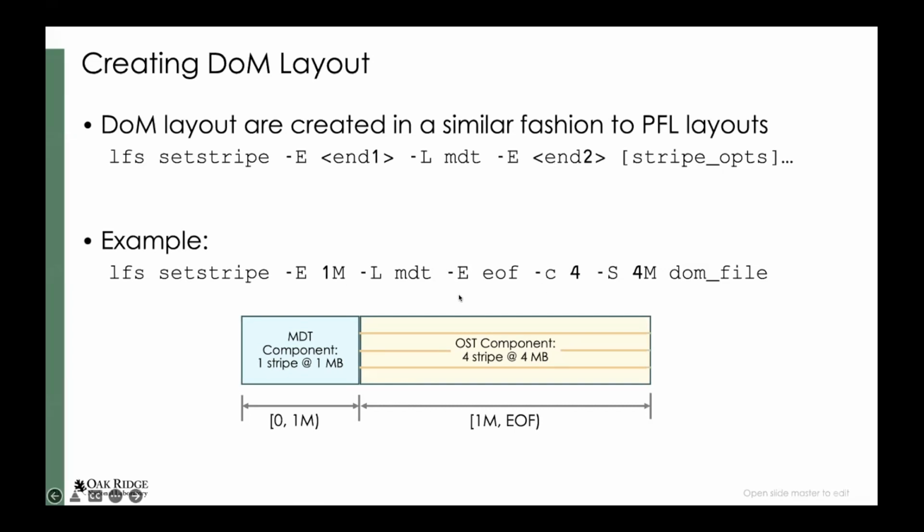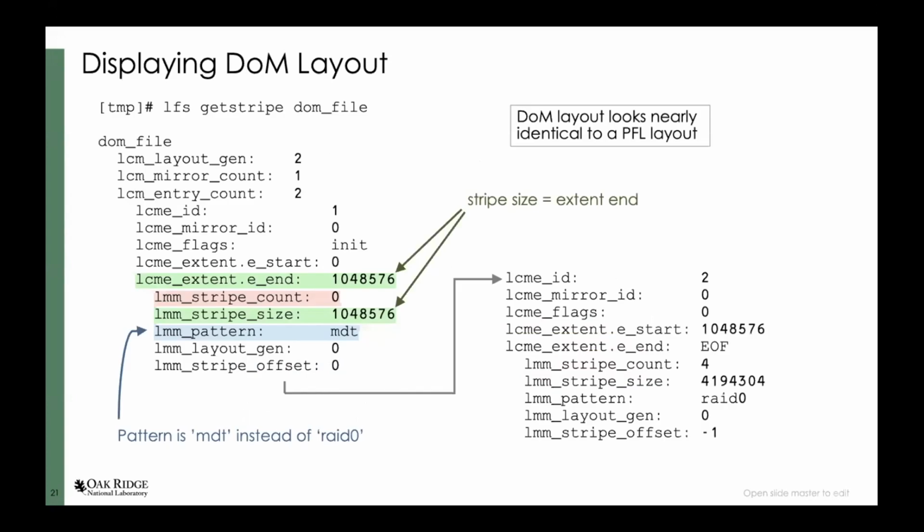This is an example of the setstripe command that would be used to create a file that matches this diagram, where the first megabyte resides on the MDT, and then the rest of the file has a stripe count of 4 and a stripe size of 4 megabytes. You can also use the --layout option instead of -L if you'd like.